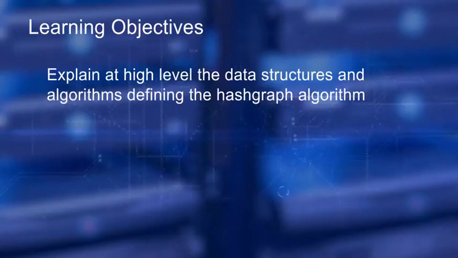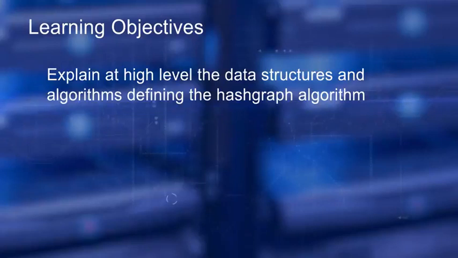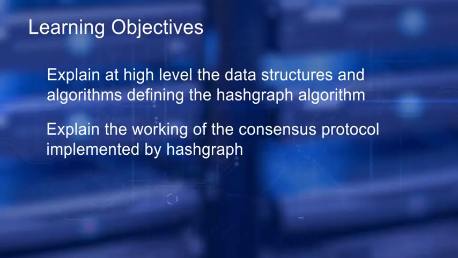We'll discuss the high-level details of Hashgraph in this lesson. On completion of the lesson, you will be able to explain at a high level the data structures and algorithms defining the hashgraph algorithm, and explain the working of the consensus protocol implemented by the hashgraph.